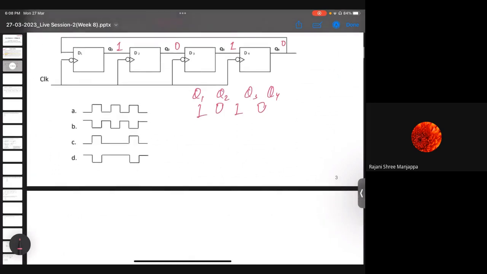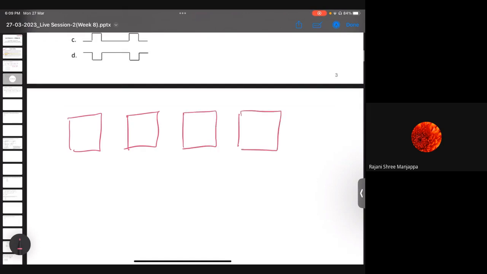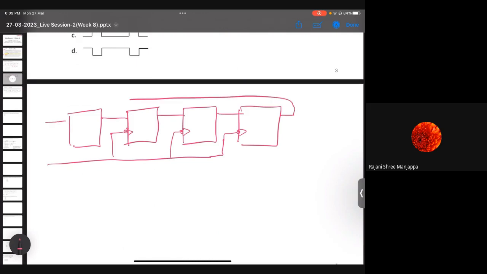I'll tell you the basics of it. What is a counter? A counter is nothing but a combination of flip-flops, basically D flip-flops in series, and they all share a single clock, which is negative edge triggered. They are cascaded, and the last output is connected to the input of the first. These are all D flip-flops, and let's suppose this is Q1, this is Q2, this is Q3, and this is Q4.